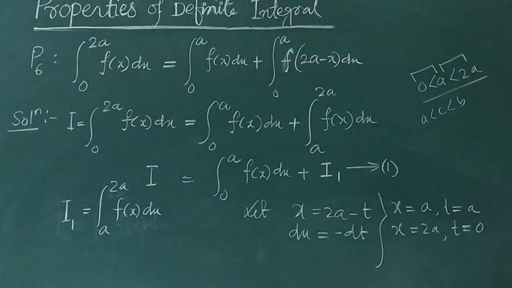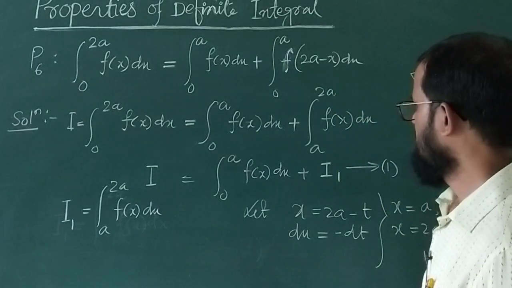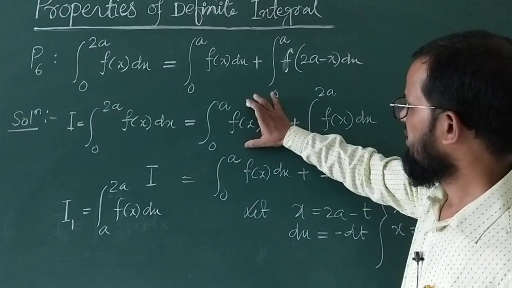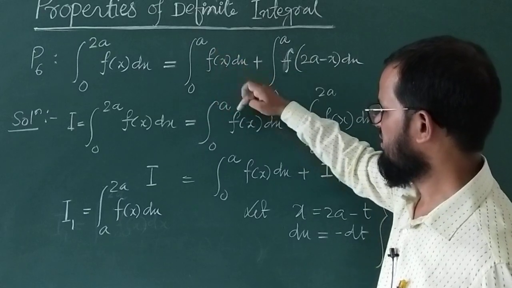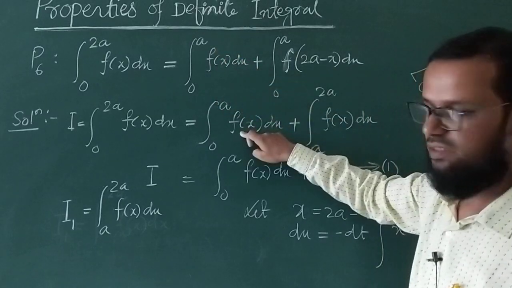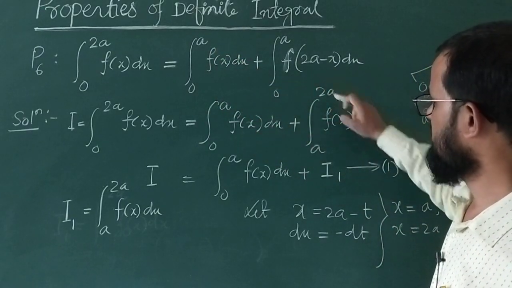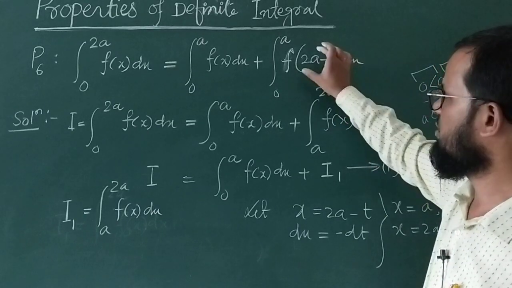Clear everybody? Now, in this integral, you need to convert it. One integral, 0 to a f(x) dx, is the same in both. So, our sole objective is to change this second integral into this term.